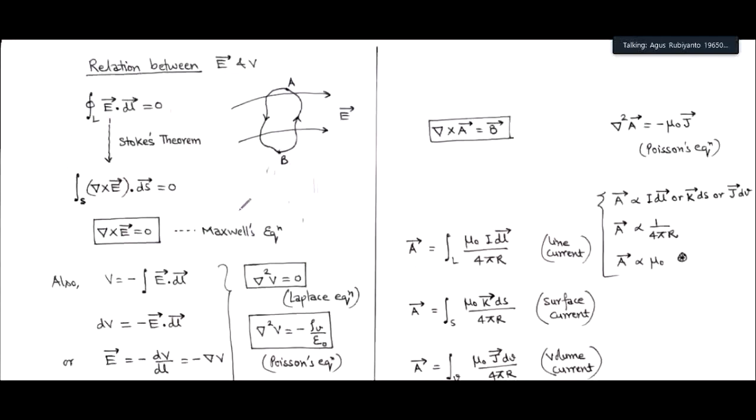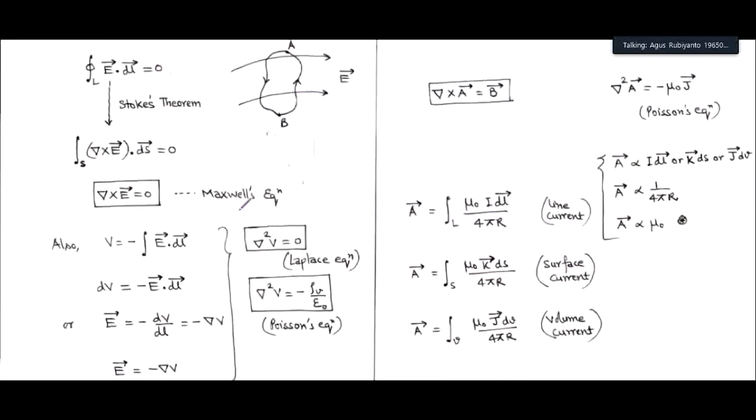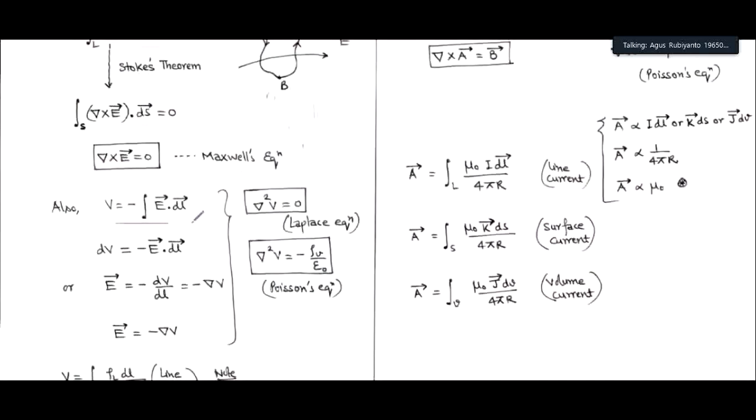And we know that the electric scalar potential V can be written as minus integration E vector dot dl vector, and in terms of differential potential, that is dV equals minus E vector dot dl vector. So in place of E vector we can write minus dV upon dl, and dV upon dl is gradient of potential, that is del V. So this is a relationship, that is E vector is equal to minus gradient of electric potential.